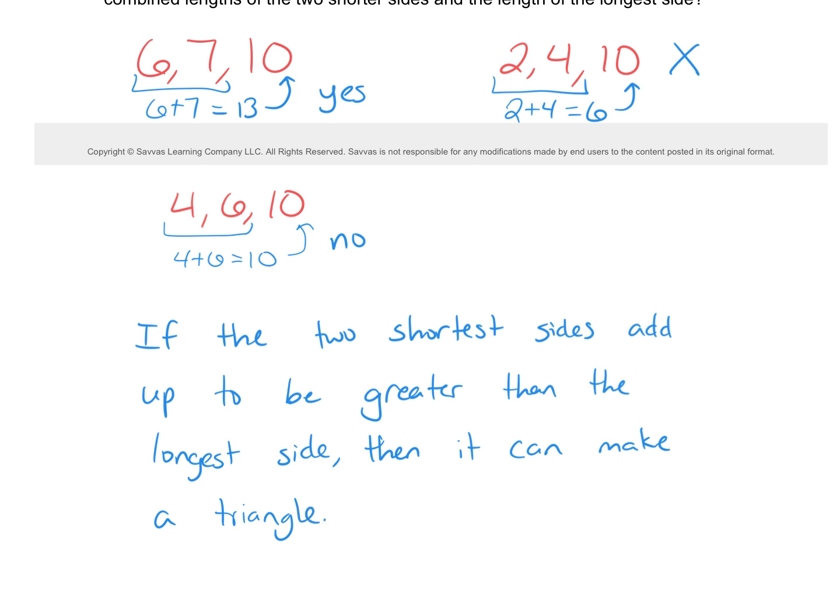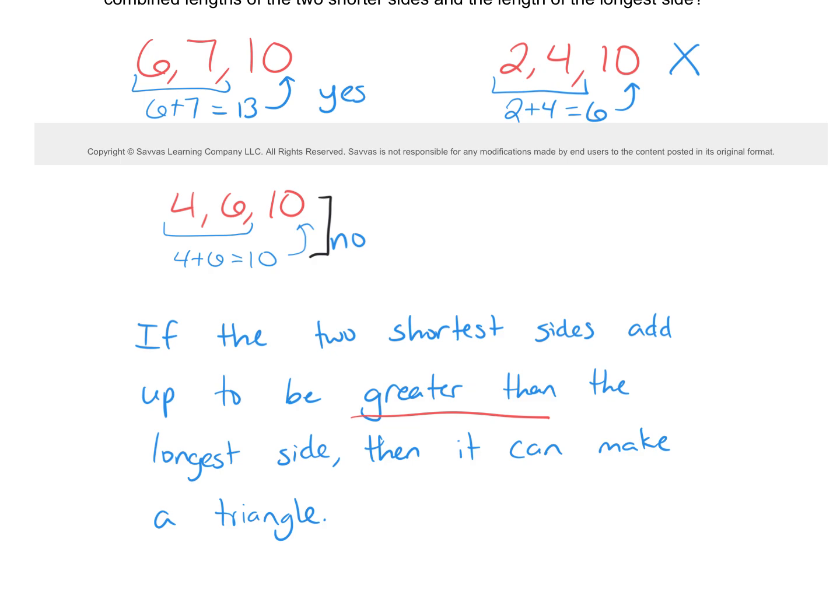Okay, key word is greater than. Because of the example of this, yes, 10 equals 10, but the sum of the 2 shortest sides has to be greater than the longest side. Cannot be equal to, has to be greater than.